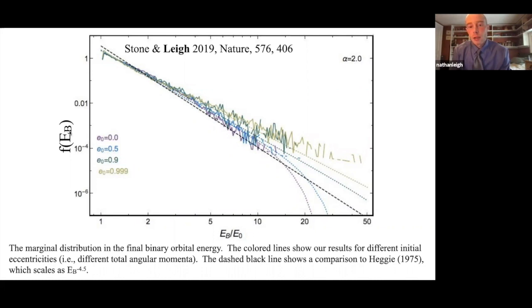This function gives the probability of obtaining a binary in any given bin in orbital energy post-interaction. The solid lines show our simulation results, the dashed lines show our analytic predictions, and the color coding indicates different initial binary orbital eccentricities, which changes the total interaction angular momentum.